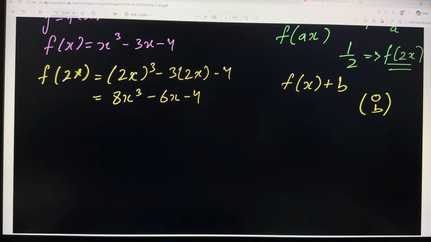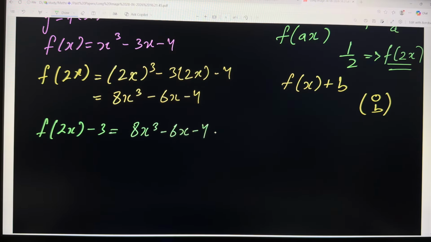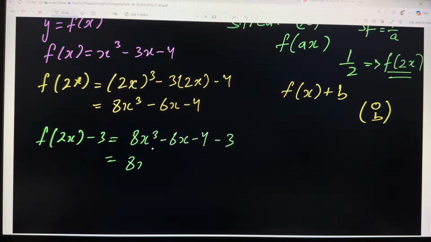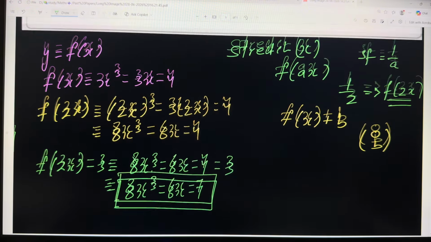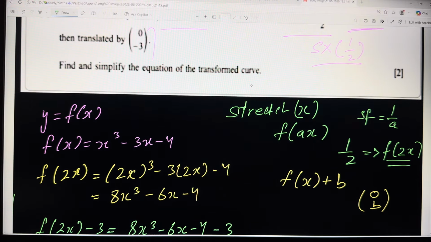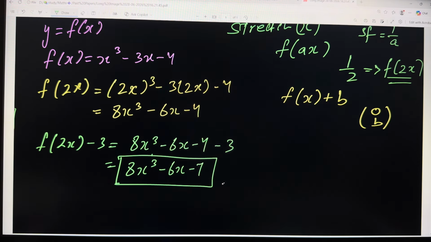That becomes f(2x) minus 3 is equal to this function, and we'll just write the minus 3 at the end. We can simplify that, and this becomes 8x cubed minus 6x minus 7. This is our simplified transformed curve equation. Finally, simplify the equation of the transformed curve. So this is the equation.